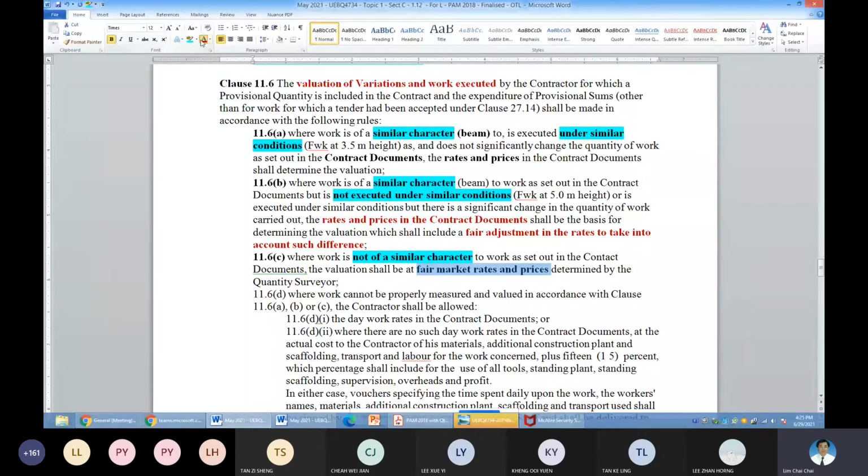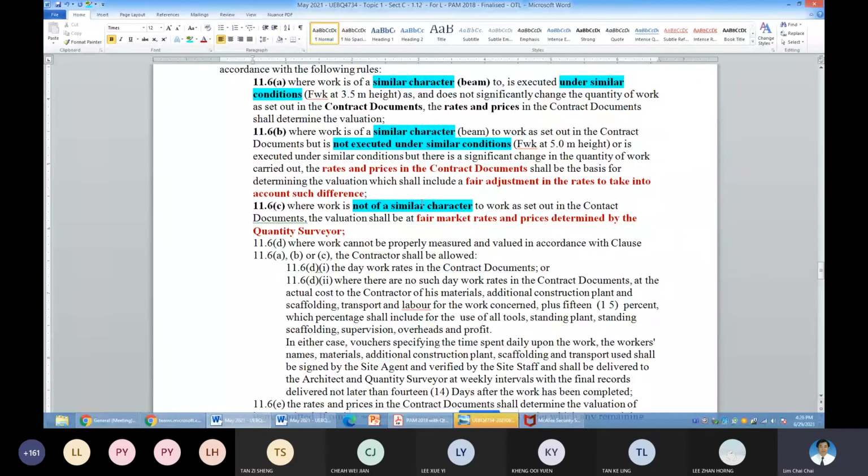Very specifically, the QS is the one. Contractors can submit their rates, but ultimately the QS would be the one to give the figure to the architect. In this case, the architect won't disturb the QS on this. Okay, so this 11.6c is different character, different condition.